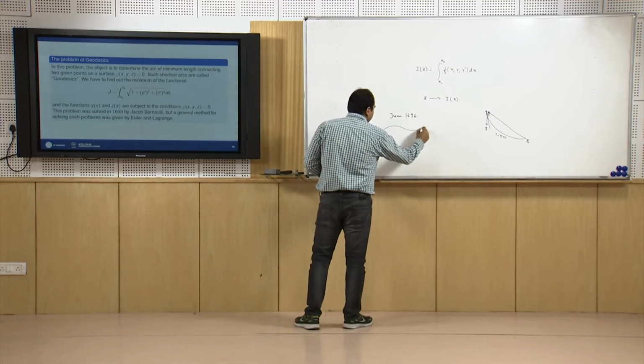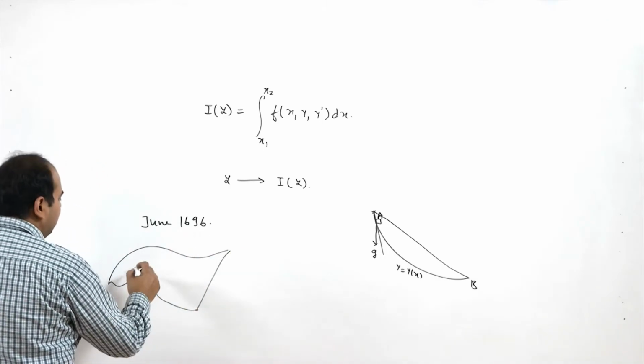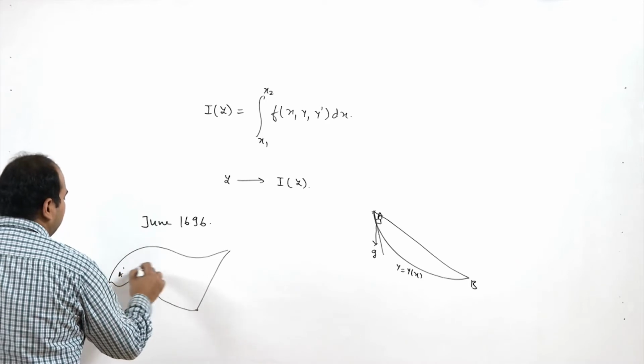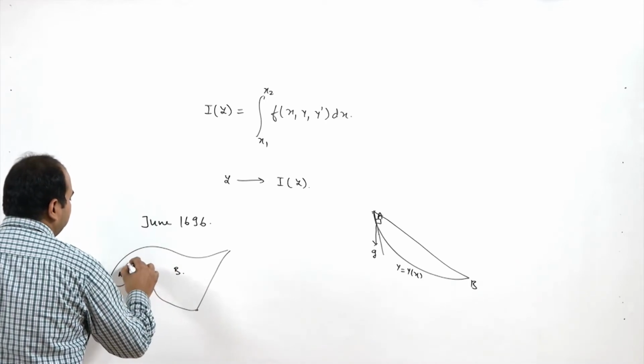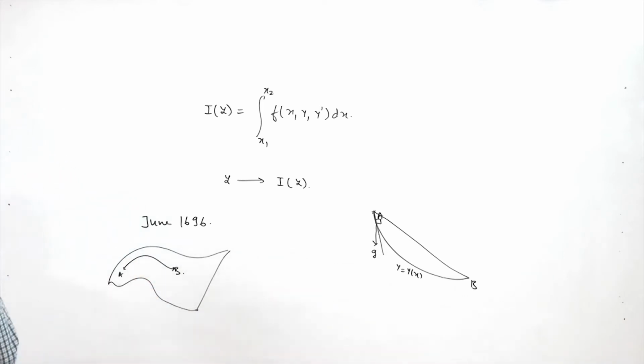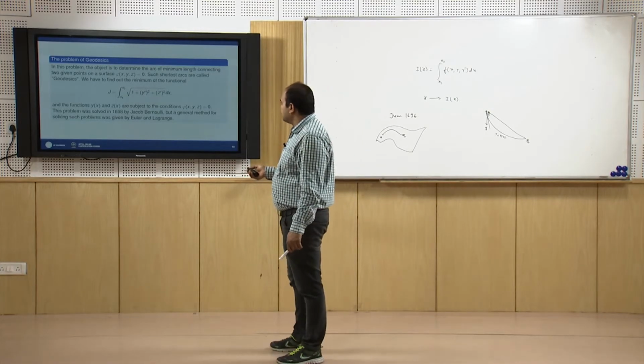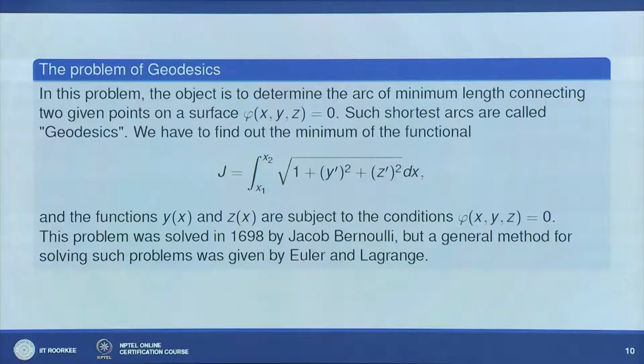So here we have a surface like this, you can take anything, and then we have points A and B, and we try to find the minimum distance between the points A and B, in a way such that this curve will also lie on the surface. So here we can say that we are minimizing this functional, which is J equal to integral from x1 to x2, and this is nothing but the surface patch between x1 to x2.